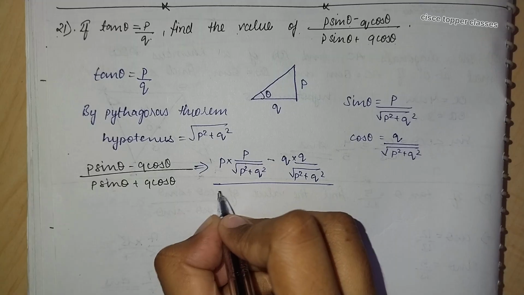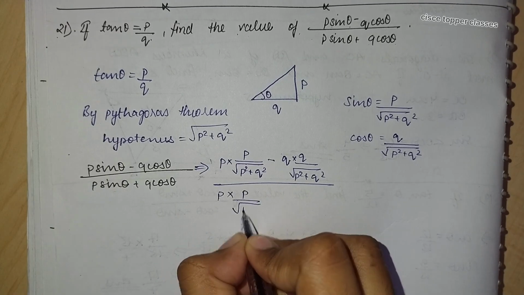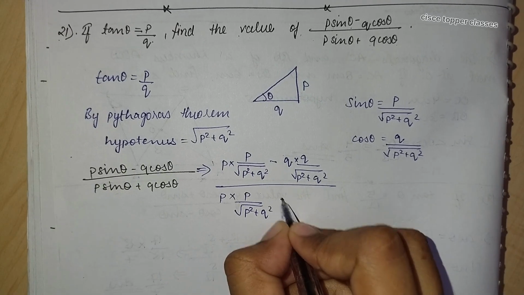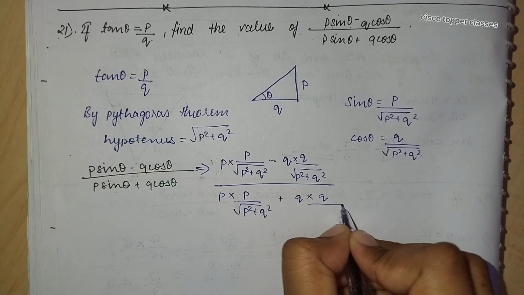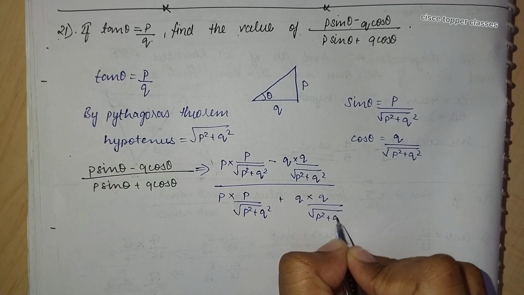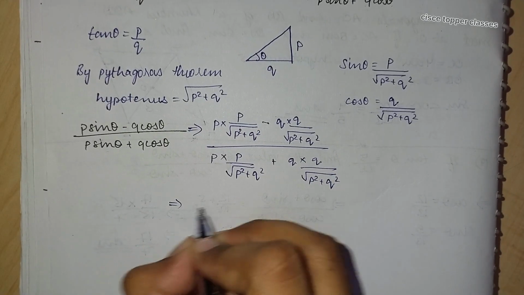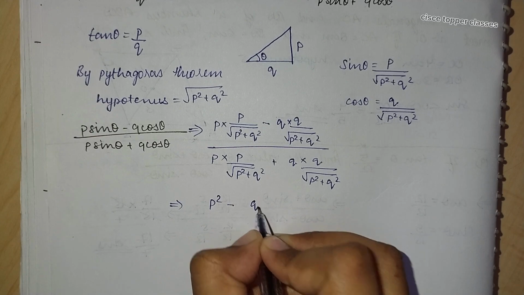Again, in the denominator we can write p sin theta as p by under root p square plus q square, plus q into q divided by under root p square plus q square. So the numerator part we can write as p square minus q square.